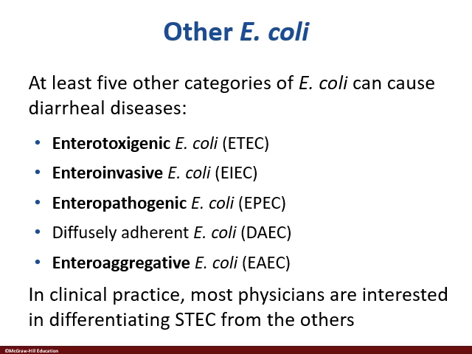Each of these has abilities to adhere to the surface of your large intestine, the epithelial lining of your large intestine, and produce different enzymes and different compounds that will alter the architecture of the tissues, increasing, decreasing metabolic activities, leading to diarrhea.